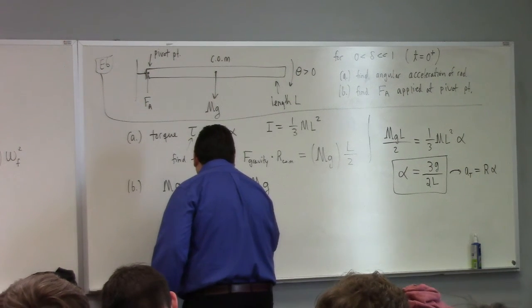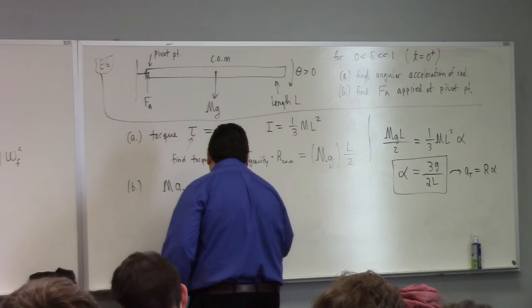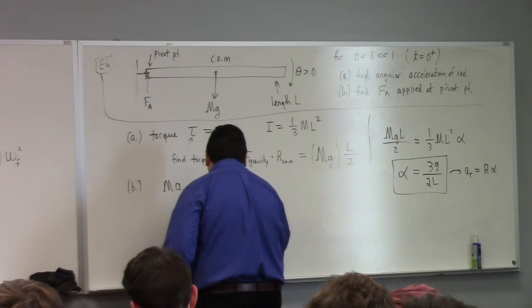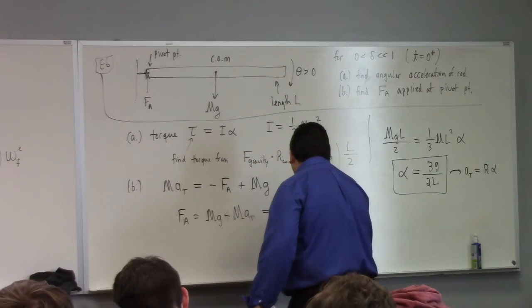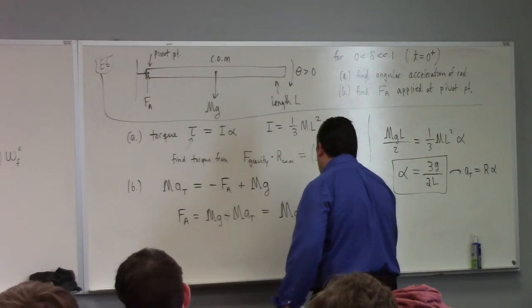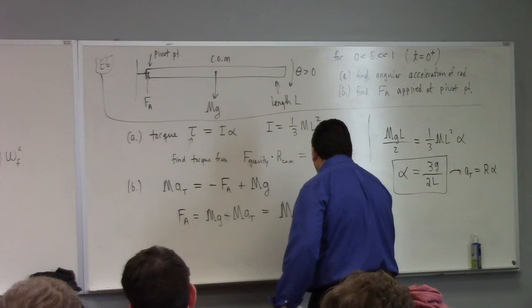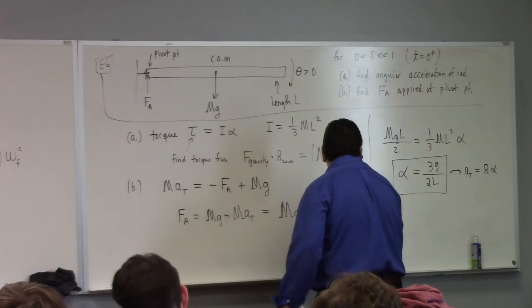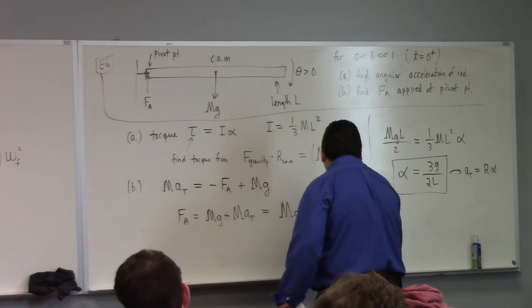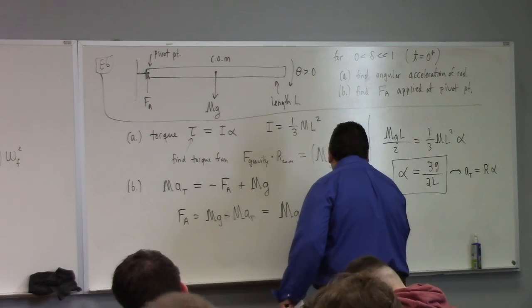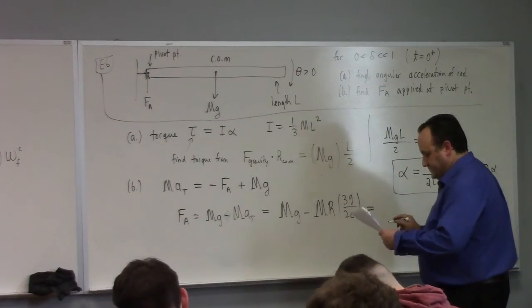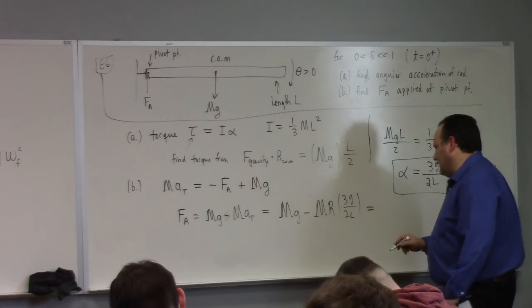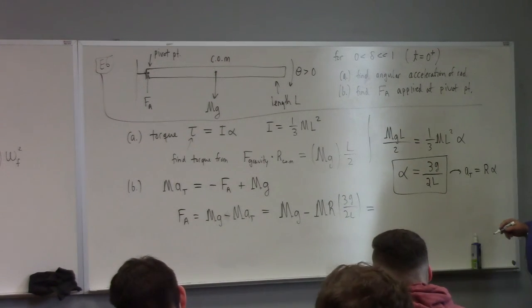mg minus m a_T, which is equal to mg minus m times r times 3g over 2L, I guess, which is equal to mg. I think I've messed up something here.